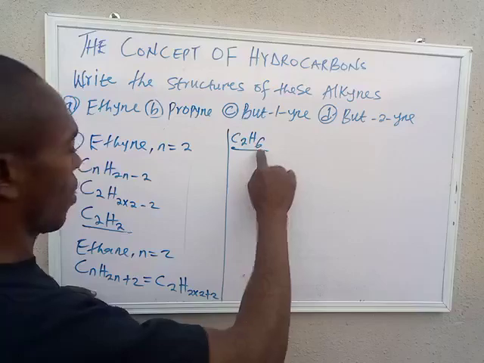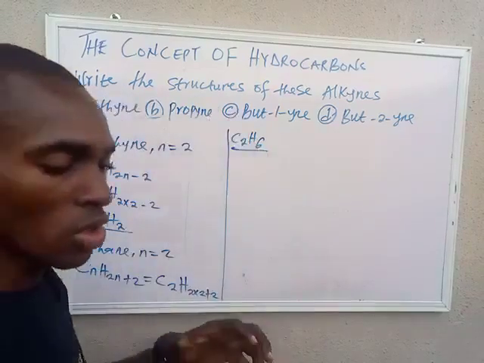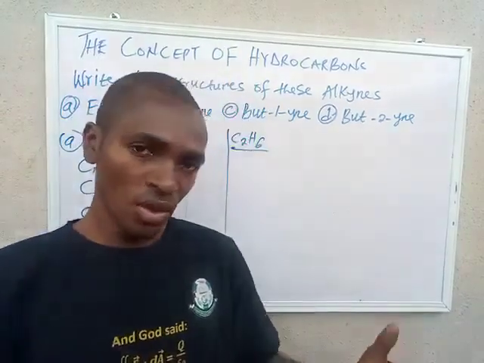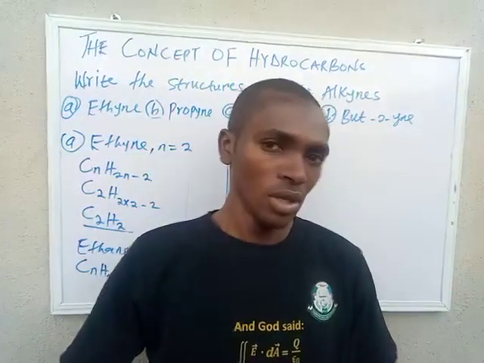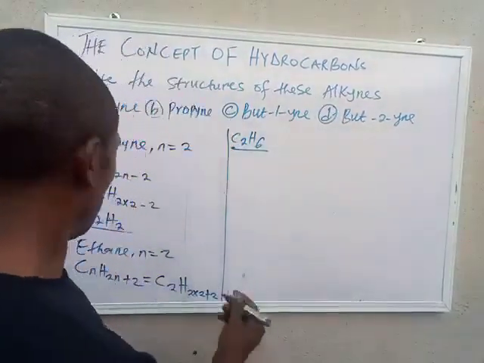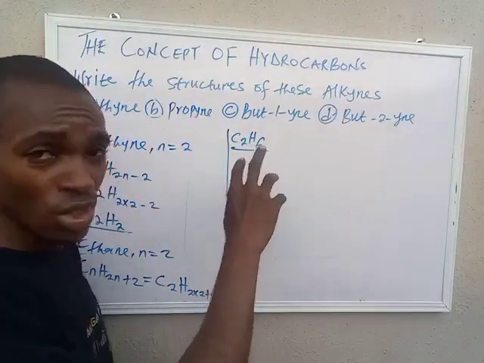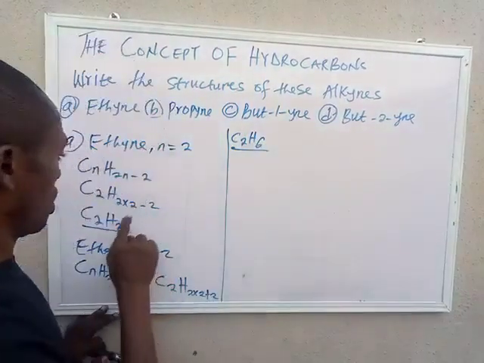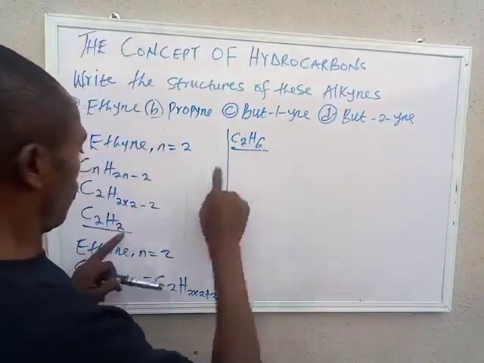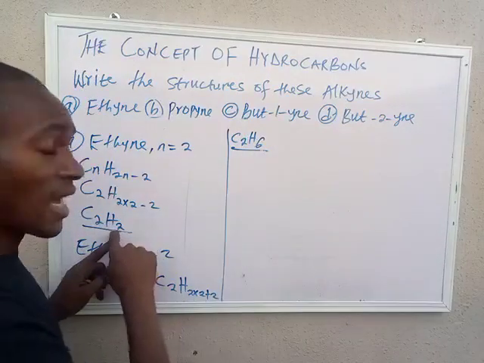lose 4 hydrogens. And then, since it is ethyne, it means the loss of hydrogen is going to be between the first and the second carbon. Each of the carbons is going to share the number of hydrogens lost. So we have to lose 4 hydrogens for us to have ethyne.